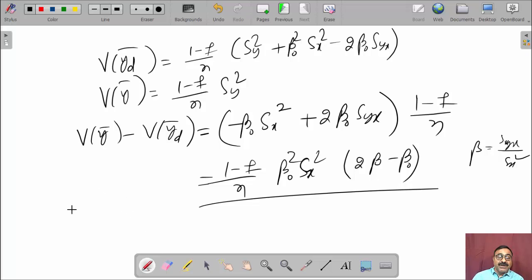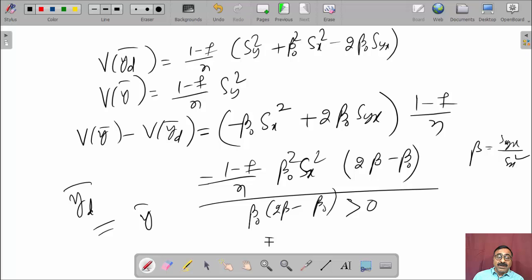Therefore the difference estimator y_D bar will be more efficient than the simple mean estimator if beta 0 into (2 beta minus beta 0) is greater than 0. That means beta 0 lies between 0 and 2 beta. So the difference estimator will be more efficient than the simple mean estimator if this condition is satisfied.